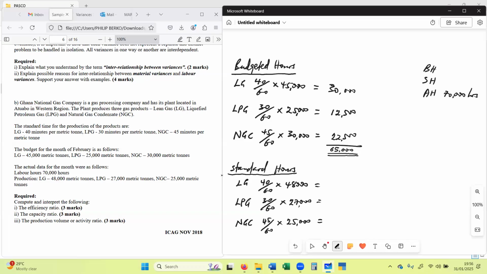LPG will be 13,500. And NGC 18,750. So when you add all, 64,250.